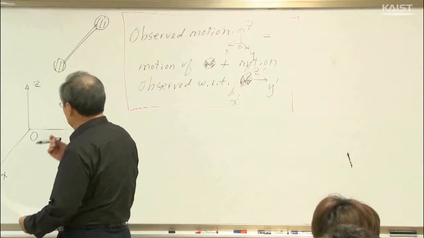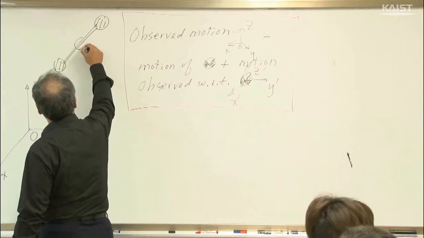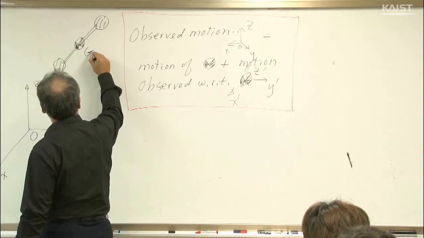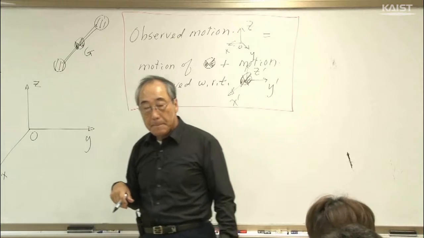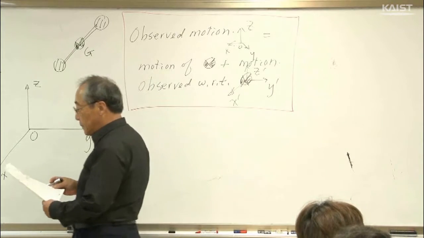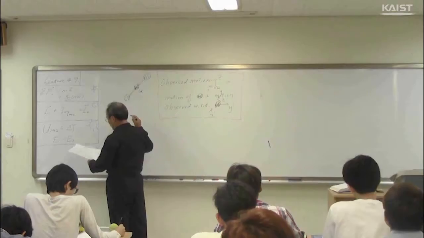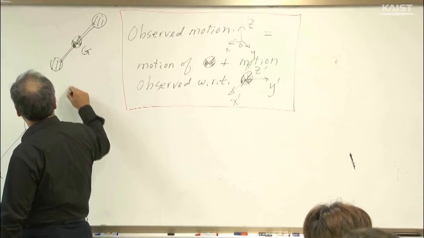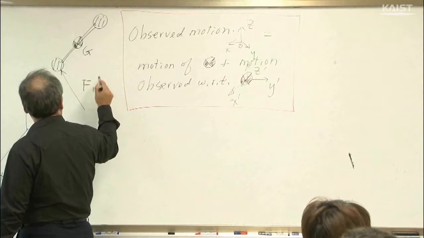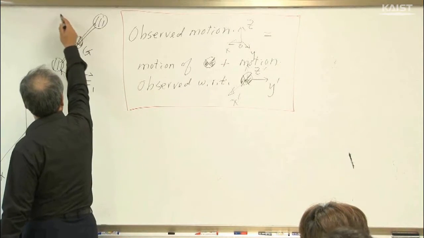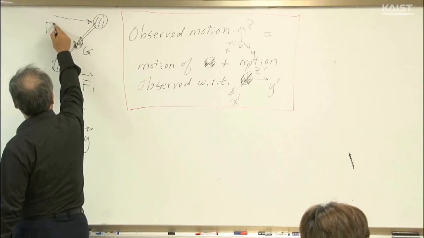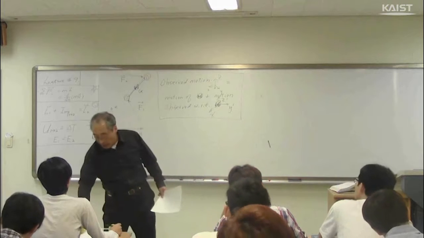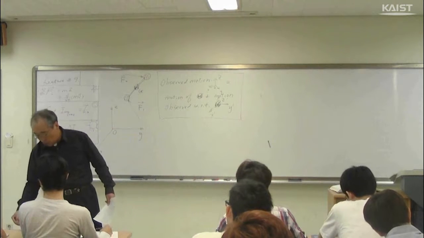Now, suppose I have a center of mass over here, and I denote that as G. Then if there is a force applied to that particle, which is F1, and I may have a force F2 over there, that is like I am applying the force over here.